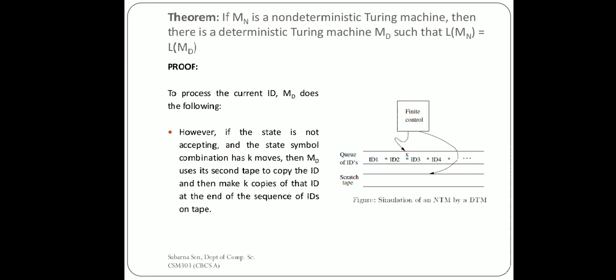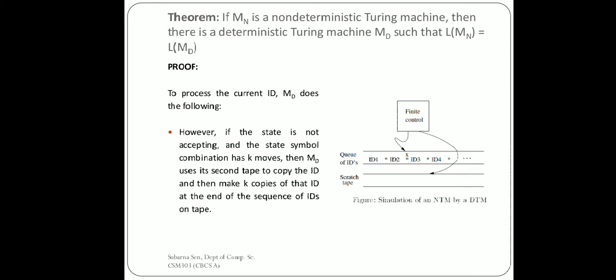Say we have copied Q1 twice, because for 0 symbol it is again moving to Q1, and for 1 input symbol it is again moving to Q1. So we make a copy of Q1, one for the 0 transition and another for the 1 transition. Similar thing will happen here. Then what if this kind of situation occurs, that it has k moves? Then MD will use its second tape, just marked with another arrow.